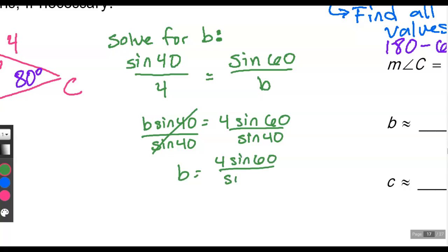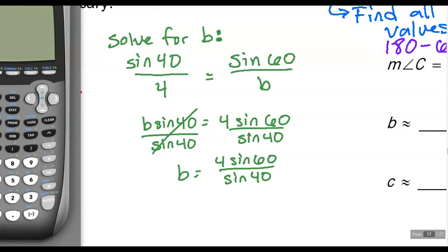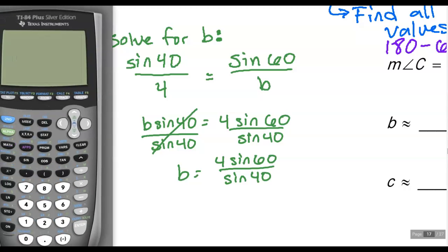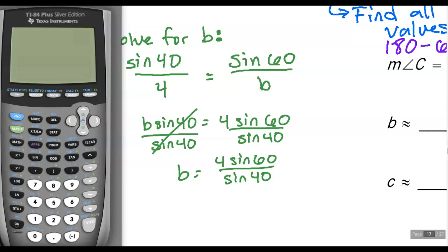I recommend putting this all in your calculator at one time to avoid rounding errors. Making sure the calculator's in degree mode, we have 4 times sine of 60, making sure you end your parentheses there, otherwise it'll take the sine of everything you type after it, divided by sine of 40.